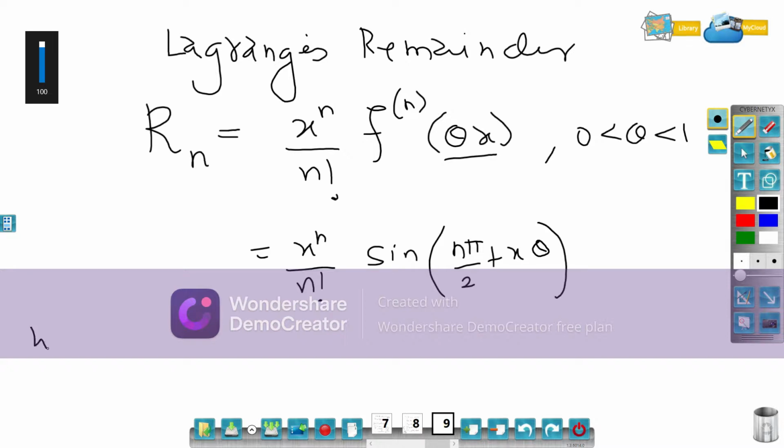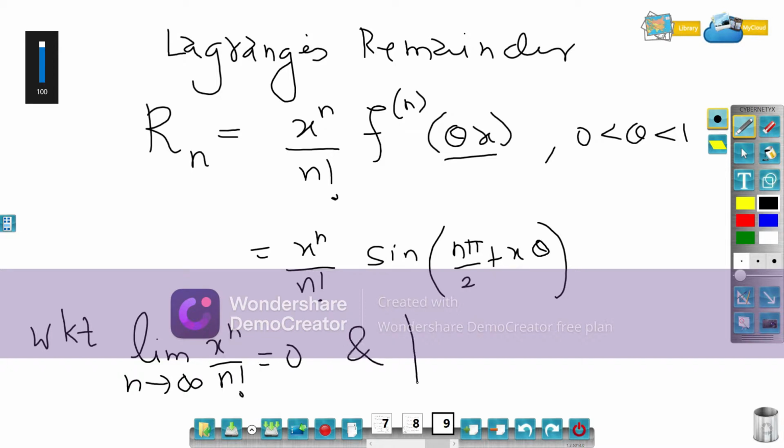And we know that limit as n goes to infinity, x raised to n upon n factorial is 0, and modulus of this sine n pi by 2 plus theta x is also less than or equal to 1 for all x.